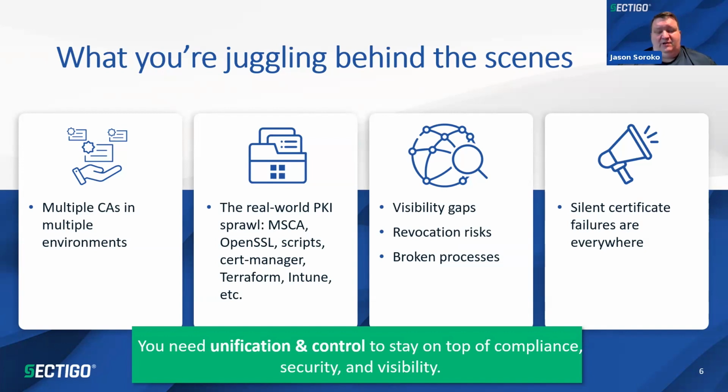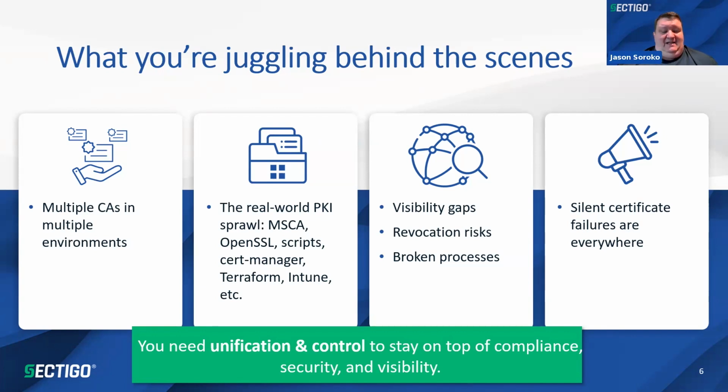There are just so many places where certificates exist, and you can't manage what you don't know you have. And so these visibility gaps are massive. And that's how you end up with that fourth column of silent certificate failures, loss of visibility, loss of ability to govern. I remember back in the day when governance of PKI was just such an important thing.